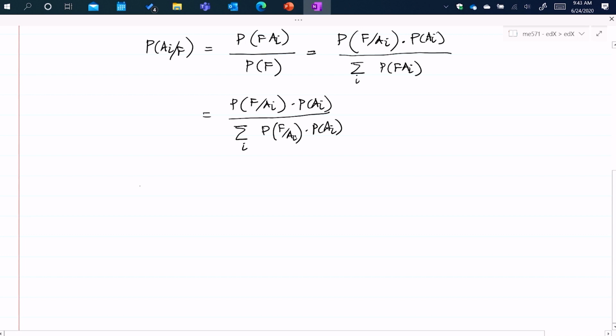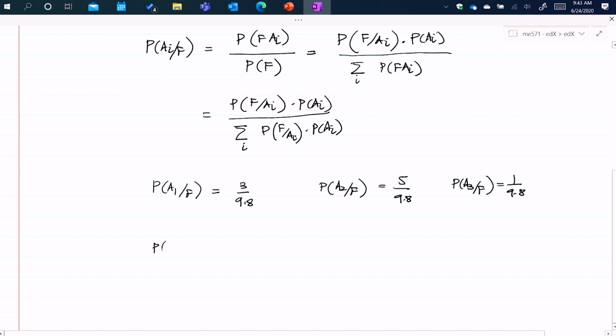Therefore, we can go ahead and substitute and estimate probability of A1 given F, and that turns out to be 3 over 9.8. Probability of A2 given F turns out to be 5 over 9.8. Probability of A3 given F is 1 over 9.8.